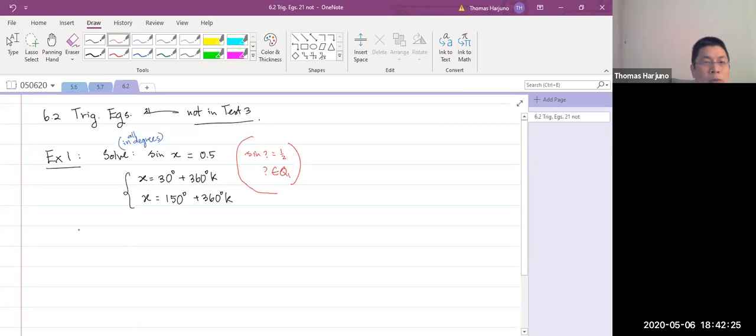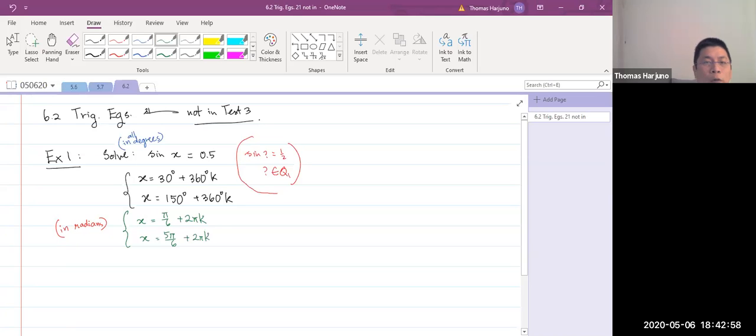Now suppose we want to answer in radians, which is mainly the case, especially when you get to calculus. Then the answer should be in radians: x equals pi over 6 plus 2 pi k, and x equals 5 pi over 6 plus 2 pi k.